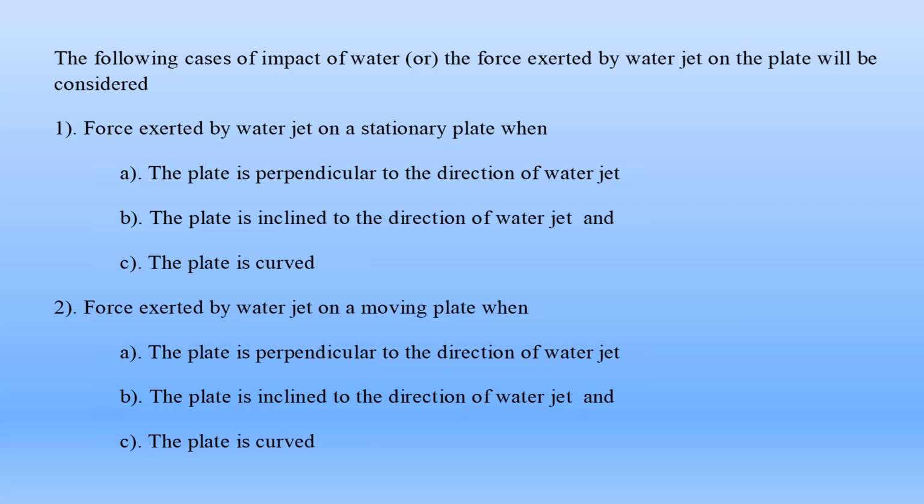First, the metal plate in rest condition. Next, the metal plate in moving condition. In both cases, first we consider the impact of the water jet with the metal plate in the rest condition, then in the moving condition.